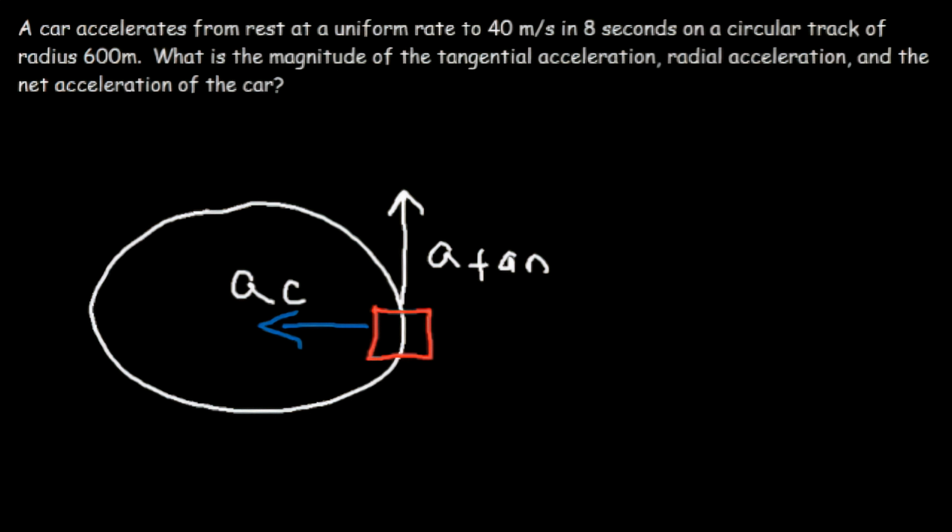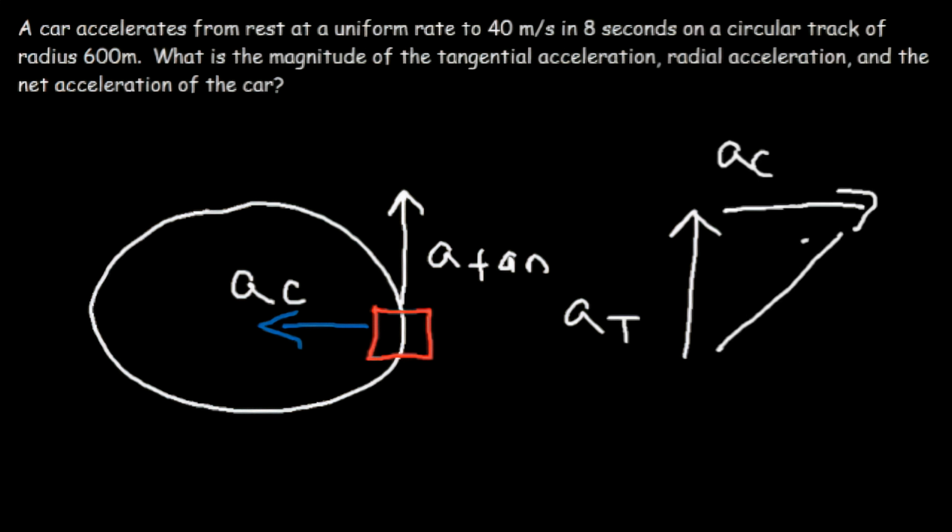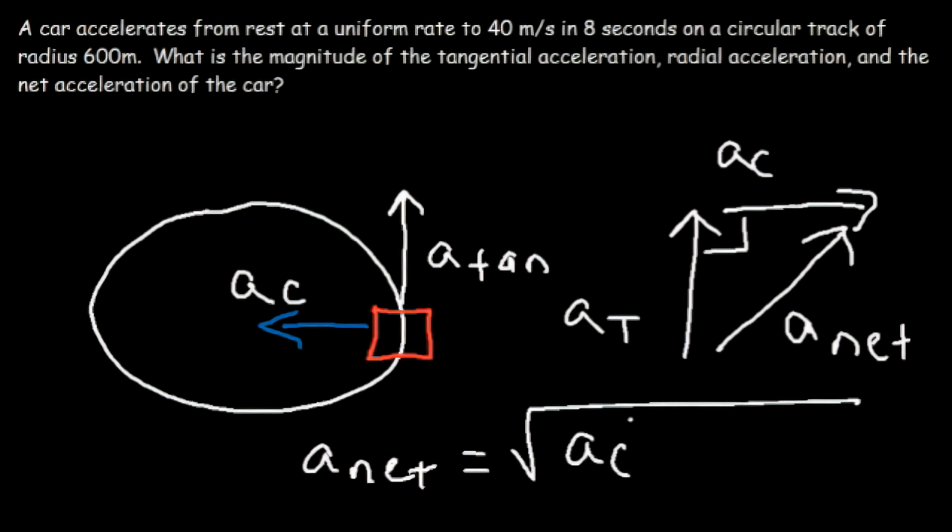Now, if you combine these two vectors, let's say this is the tangential acceleration, and this is the centripetal acceleration, then the hypotenuse represents the net acceleration. Whenever you wish to add two vectors that are perpendicular to each other, you can use the Pythagorean theorem. So the net acceleration is equal to the square root of the centripetal acceleration squared, which is the radial acceleration, plus the square of the tangential acceleration.